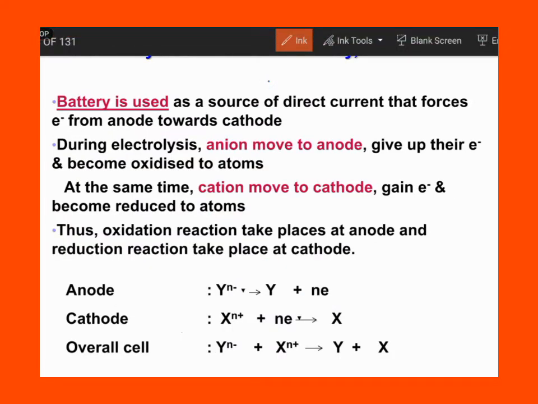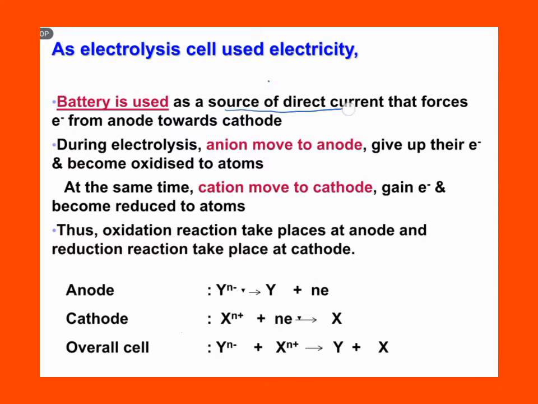As we know, electrolysis uses electricity, so the battery is used as a source of direct current that forces electrons from anode towards cathode. During electrolysis, an anion moves to the anode, gives up electrons, and becomes oxidized to atoms.